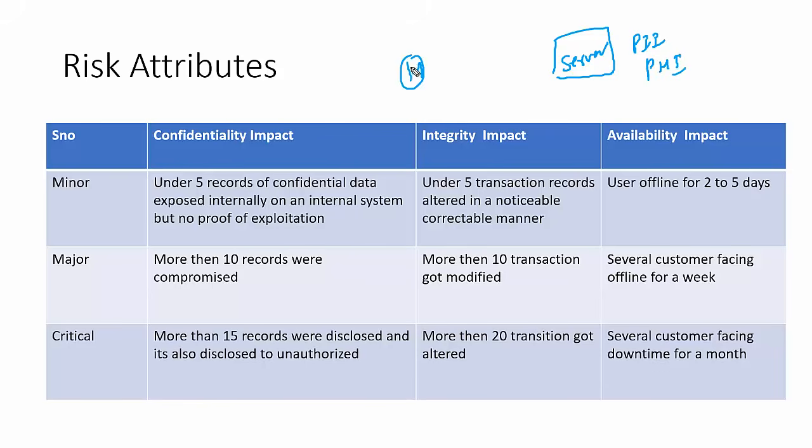If a hacker hacks into the server, there is a disclosure of PI and PHI. Under 5 records of confidential data exposed, the impact is minor, but if more than 15 records are disclosed, the impact is basically critical. In this case, availability is 0 because there is no accessibility we have. Integrity matters. So it is not necessary that every asset we only consider from the confidentiality point of view.